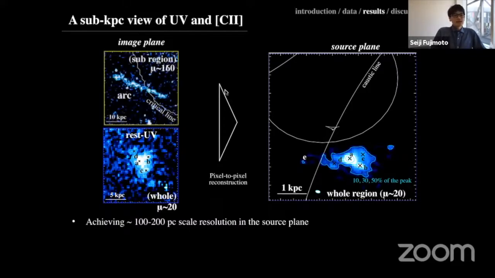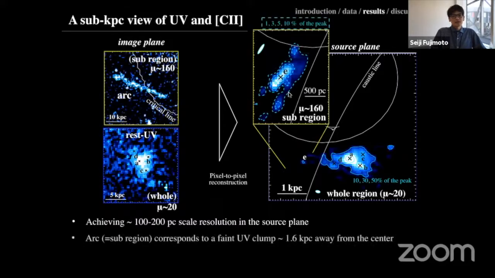Next, for the arc, we obtained the reconstructed map presented in this inset panel, where the lens corrected luminosity reaches down to about 1% of the bright peak of the whole region. Interestingly, we find that this luminosity distribution from the arc perfectly matches with the position of a faint clump seen here, clump E. So this is away from the UV brightest peak of the galaxy by 1 to 2 kiloparsec.